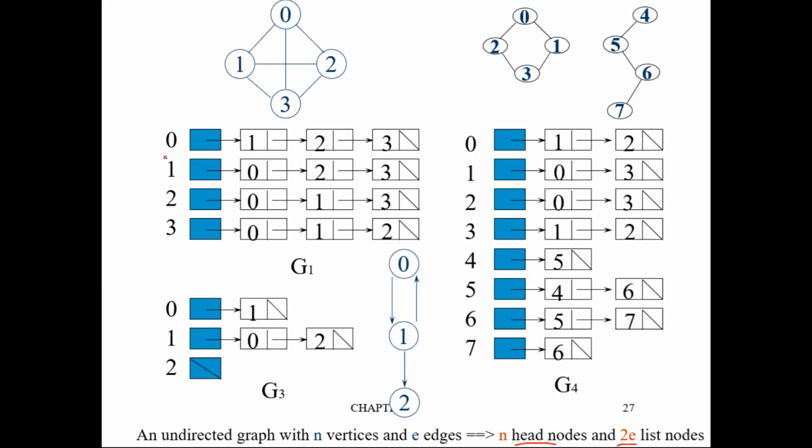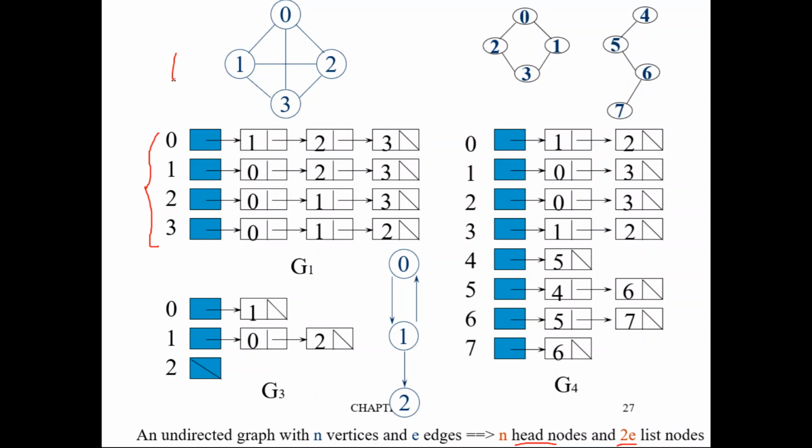That is, n head nodes; these are called head nodes, like the head pointer in a linked list. So n head nodes, and how many list nodes will there be? 2 into e. E is the number of edges. E is 6, so you have 12 list nodes.